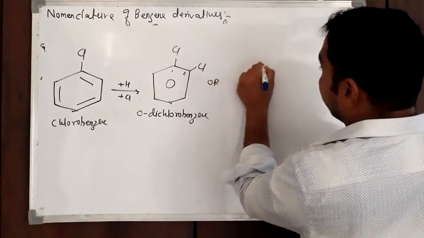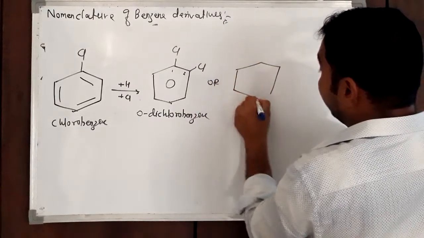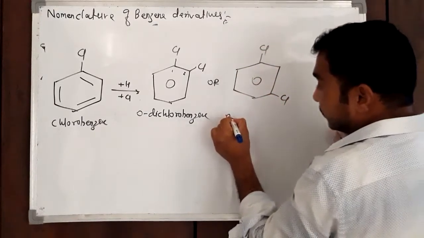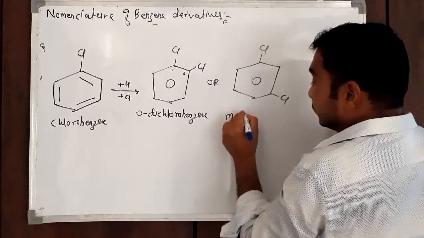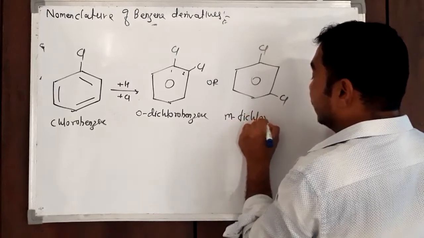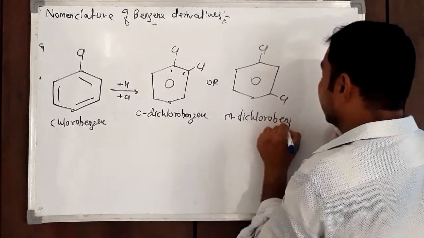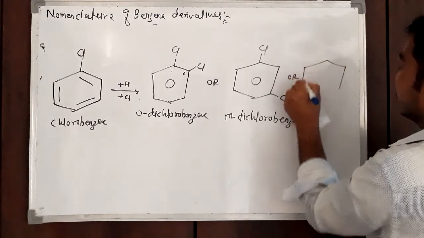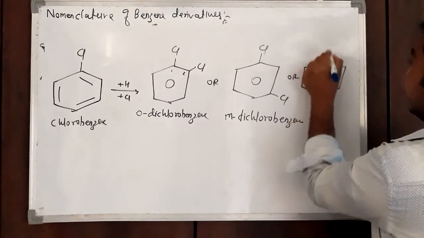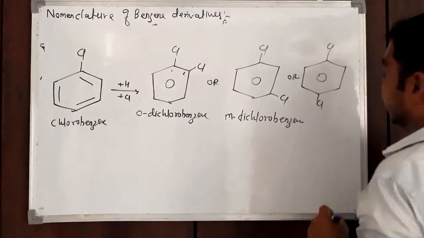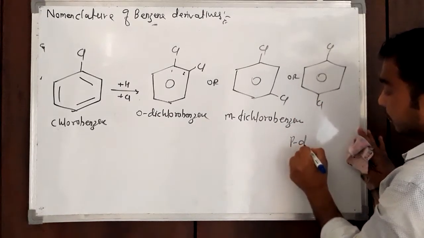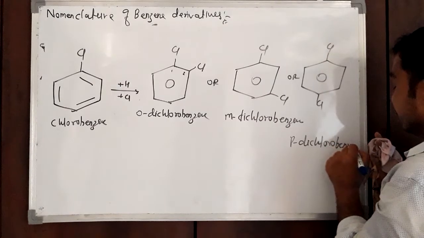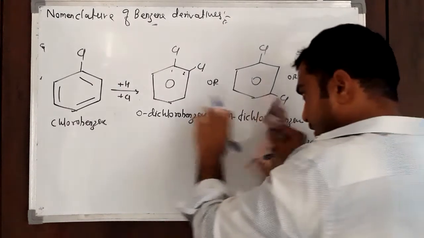Or meta. If we attach chlorine at meta position, then M dichlorobenzene. Or if we attach chlorine at para position, then P dichlorobenzene. Okay, so these are common names.